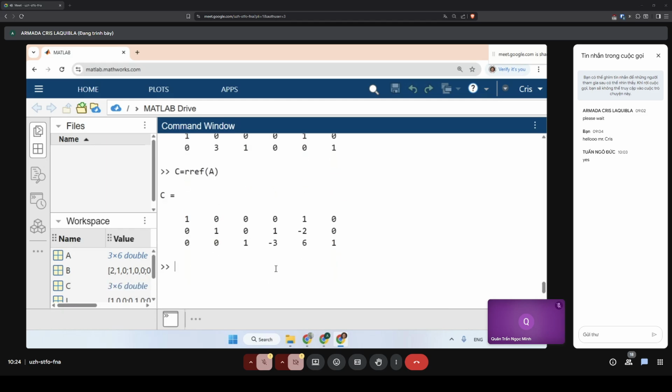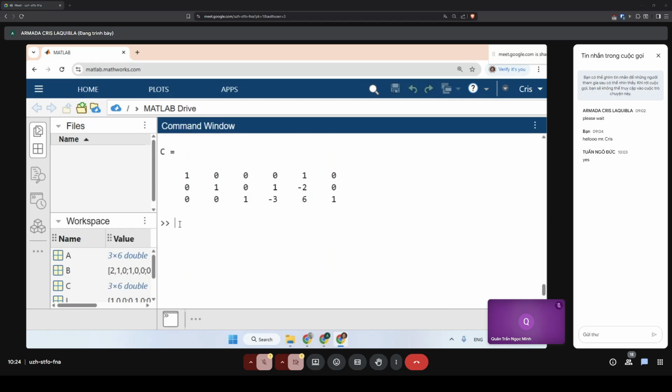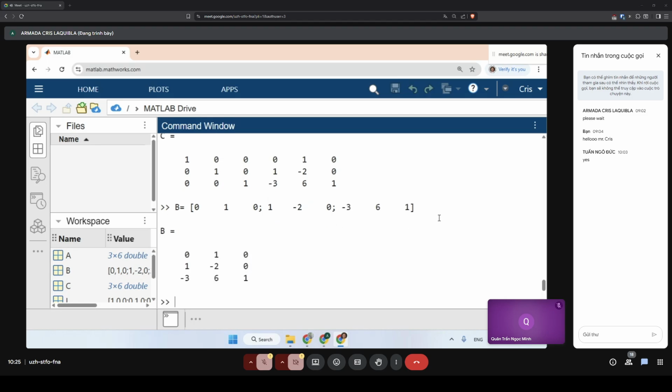So when we type it, I will just use another B, but this one now is your B inverse. I'll just get the numbers here: 0, 1, 0, 1, negative 2, 0, and then this one, copy, and okay, this is now your B inverse.